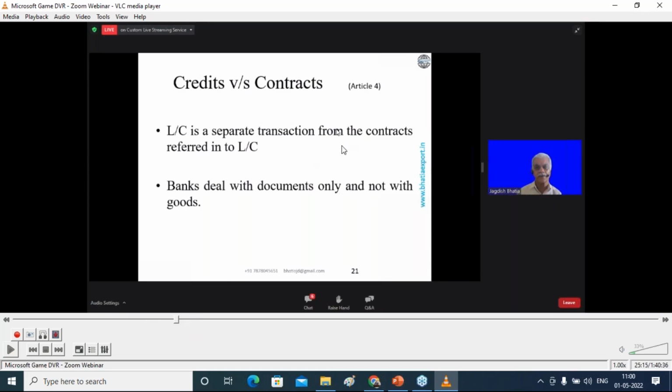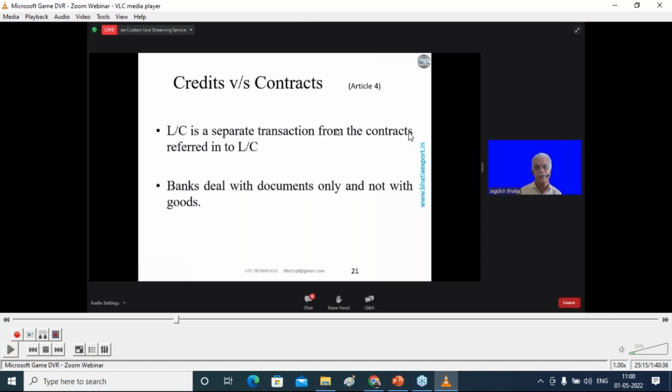Again, one thing, last time also I told you, LC is a separate transaction from the contracts. The importer and exporter may have a contract, and that has no relevance to the LC. LC is independent of the contract. That is an agreement that bankers make the payment subject to fulfillment of the conditions in the LC.